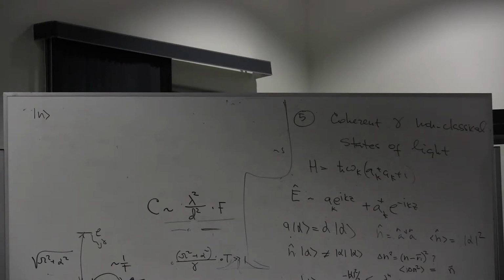These uncertainties are the same in normalized units, and they minimize the uncertainty relation. But there are some states where X, for example, can be much smaller than P, while the product is still consistent with the uncertainty relation. So these are all different examples of non-classical states.